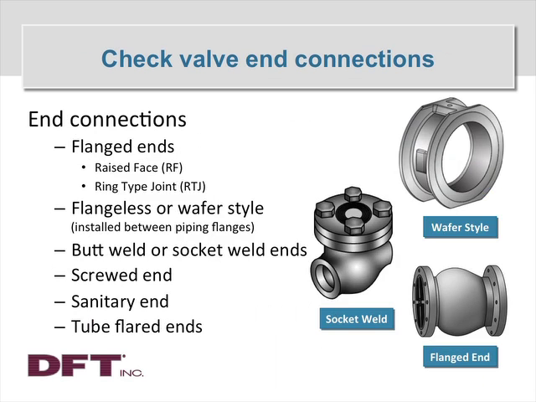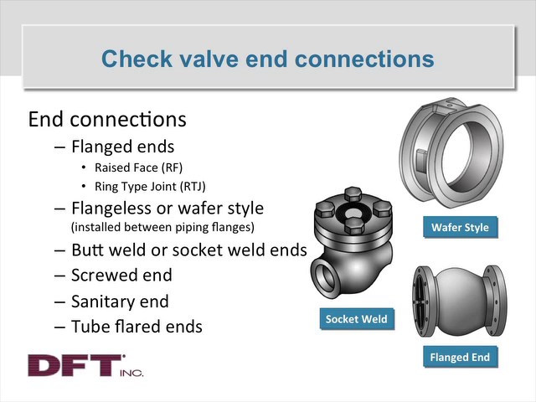Now, if your head's starting to spin a little bit just thinking about all those different types of configurations I just mentioned, just wait until you start looking at all these valves and the way they mount into the fluid piping systems. There's all kinds of different end connections. The most common is the flanged raised face end. It looks like a regular piping flange that's somehow grafted onto the end of the body. You'll see that in the lower right-hand corner.